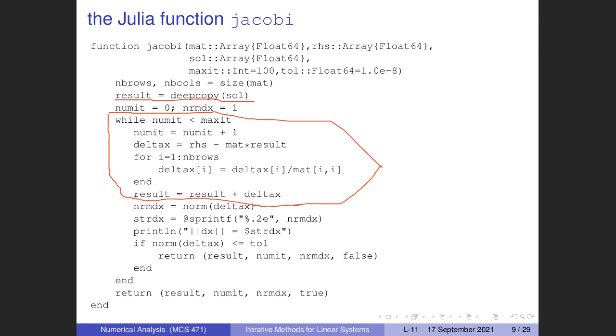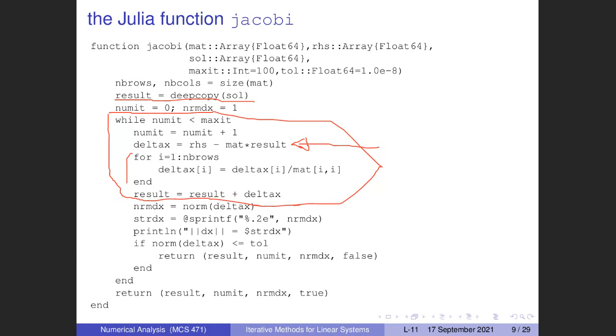We do the computation of the backward error, so we compute the residual. This will be the most time-consuming step, so it's kind of deceptive that it's in one line. And here we do the division by the diagonal elements. And as the third step, we update our result.